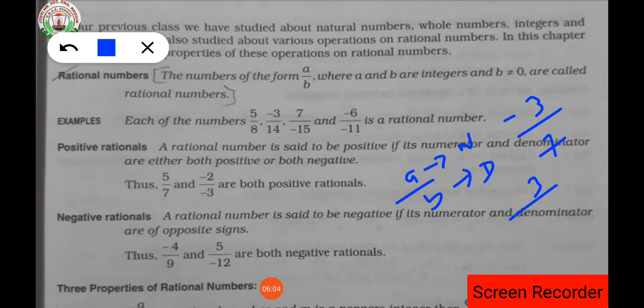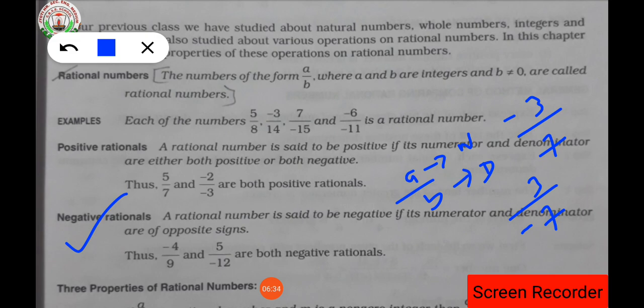Then plus 3 upon minus 7, that is 3 upon minus 7, is considered as a negative rational number. Both should not be negative. If the number is minus 3 upon minus 7, it will be considered as a positive rational number. Remember that. Here I am talking about any one of the numbers, either the numerator or the denominator must be negative, then only it is said to be a negative rational number.